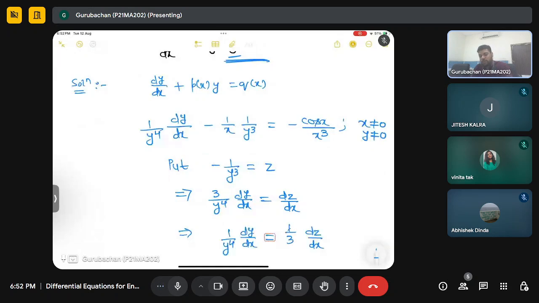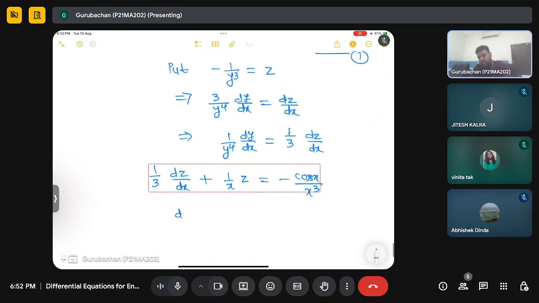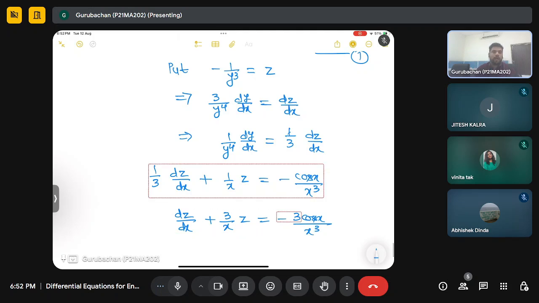So your expression will be converted into 1 by 3 dz by dx plus 2 by x z is equal to cos x by x cube. So if you simplify, this will give 3x cube.